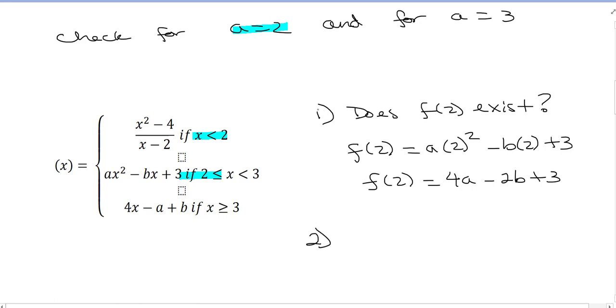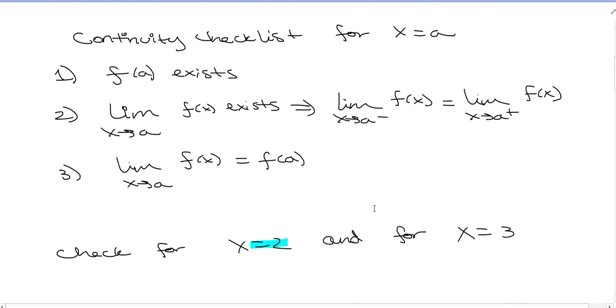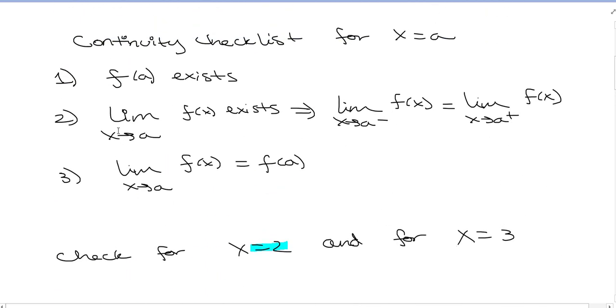I guess I should have picked a different variable here. Let's just say when x is 2 and when x is 3. We don't want to confuse that with this little a that we're looking for. For the limit to exist, that's the second part of the continuity checklist.